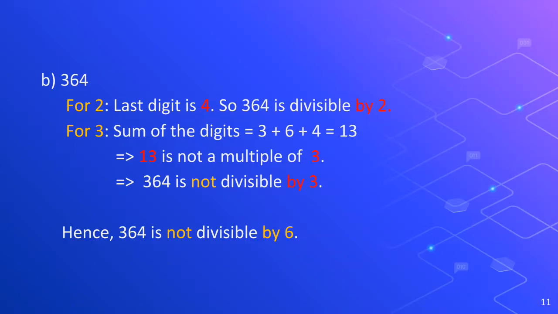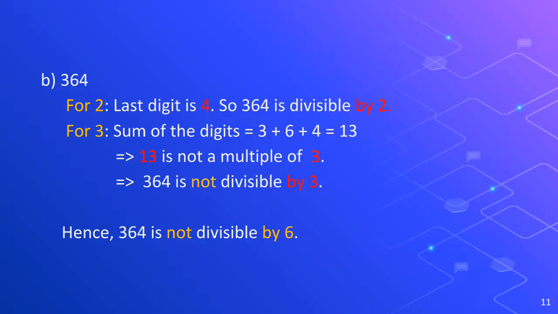Second one, 364. For 2, the last digit is 4, even number. So, 364 is divisible by 2. For 3, sum of the digits 3 plus 6 plus 4 equal to 13. 13 is not a multiple of 3. That is, 13 will not come in 3 table.